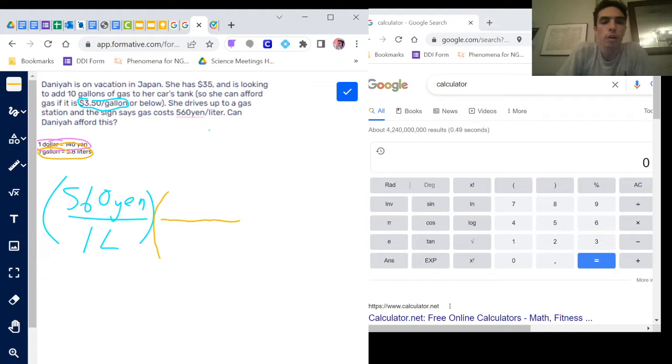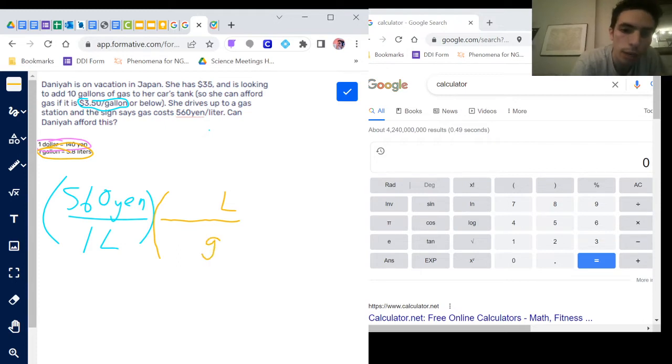Right now we have liters in the denominator, in the bottom of this fraction, in our given measurement of 560 yen per liter. We want to get rid of those liters because in our desired unit we want gallons to be in our new denominator. So to cancel out liters, we need to put liters up top in our conversion factor.